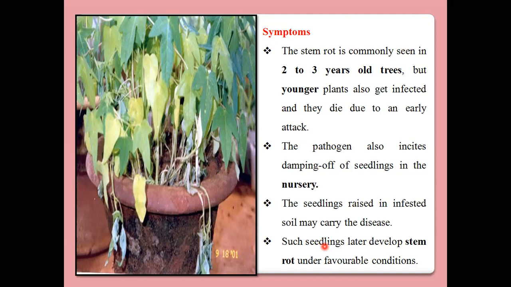These brownish lesions girdle the stem. In this way, a number of seedlings collapse and dry in the nursery bed areas. This symptom is known as pre-emergence rotting or the pre-emergence type of symptom.